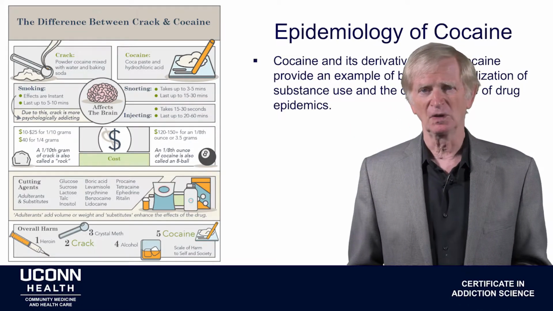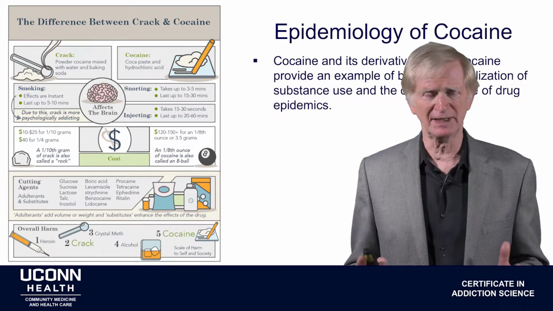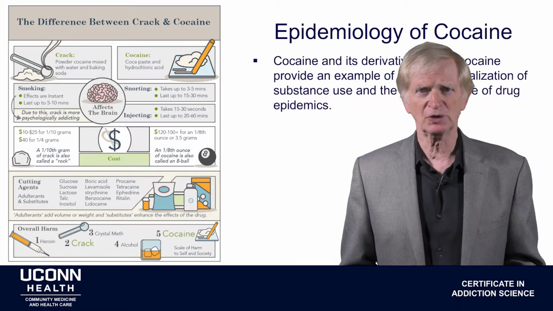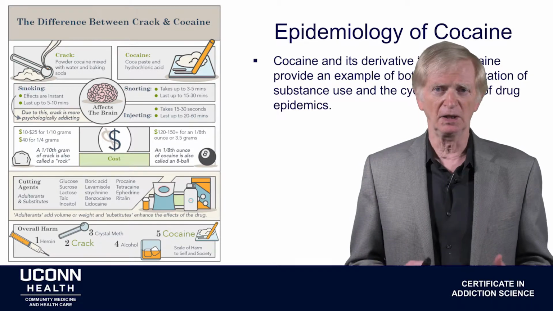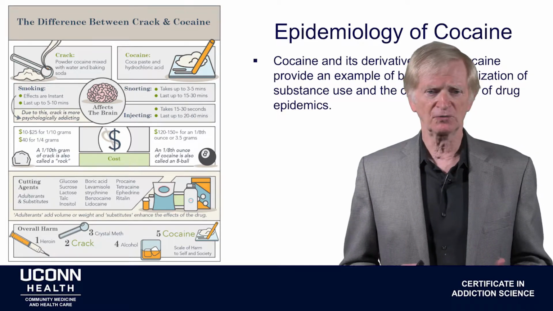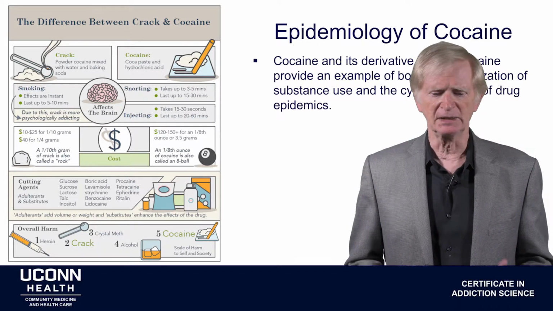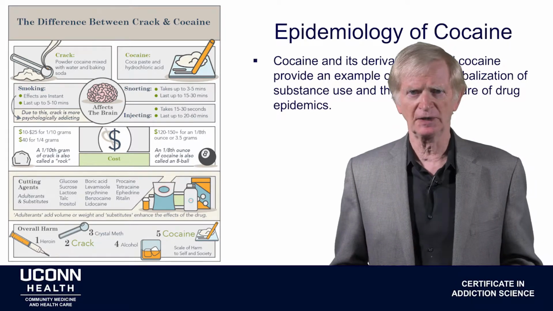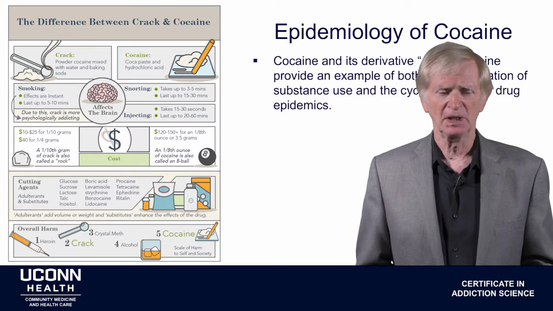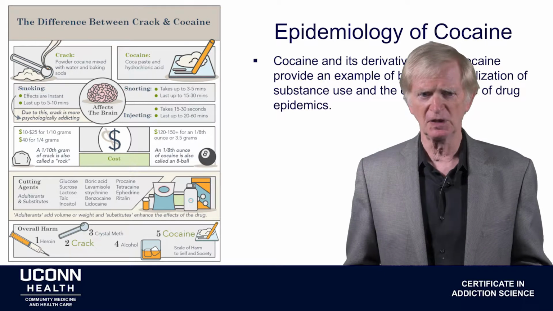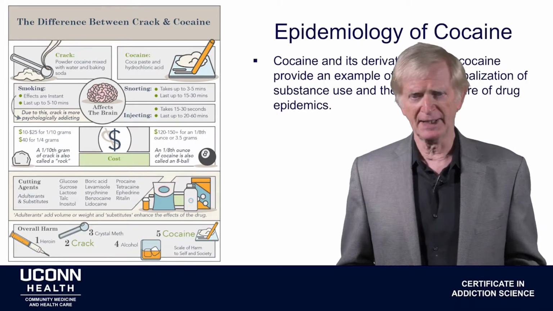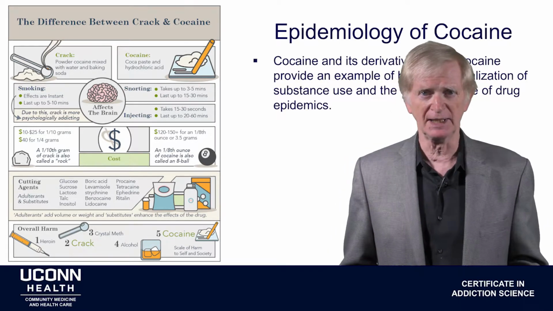Here's an example of a particular substance that has particular effects. Cocaine is a drug that's produced from a natural stimulant that comes from the coca leaf. It's ingested on a regular basis by agricultural workers in the Andes.